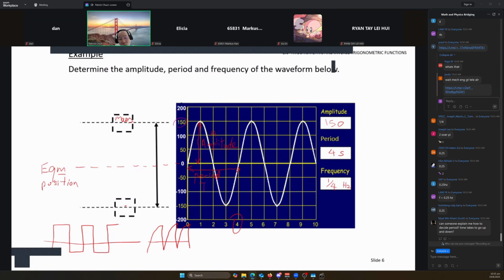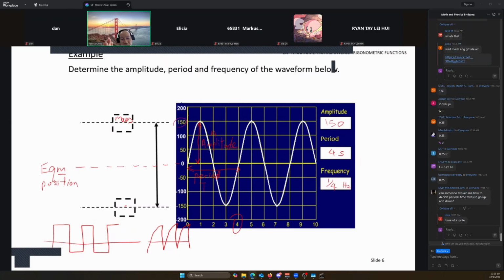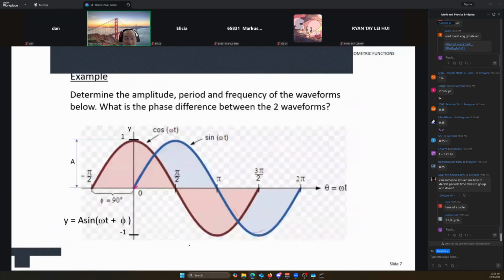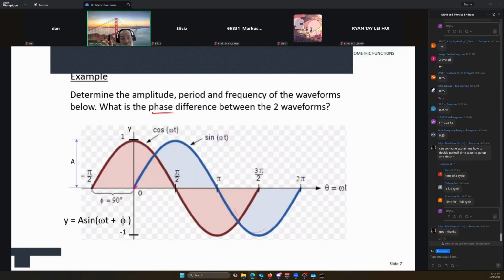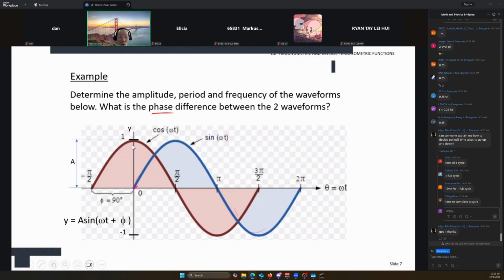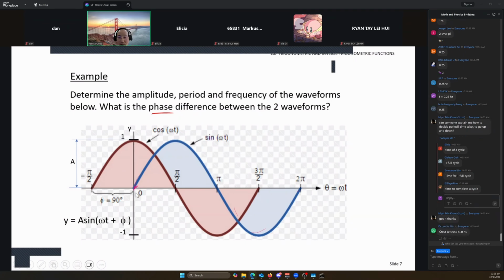Sine wave and cosine wave are similar, except that one has a different phase angle compared to the other. So just now in the video, you also heard about phase. The commentator mentioned phase. So what you see here are two waveforms. You can recognize that the red one is your cosine waveform, because theta is equal to omega t, as the video mentioned.